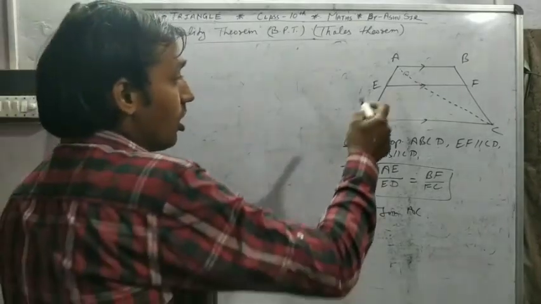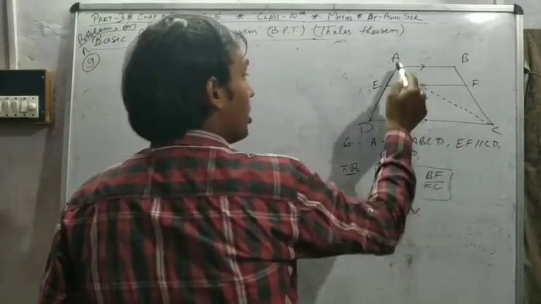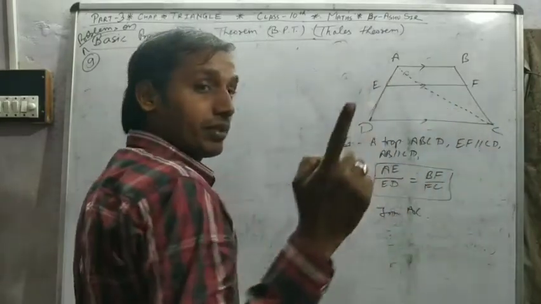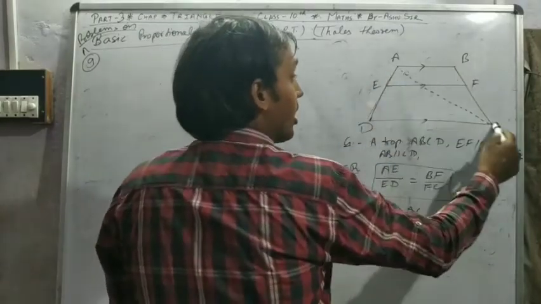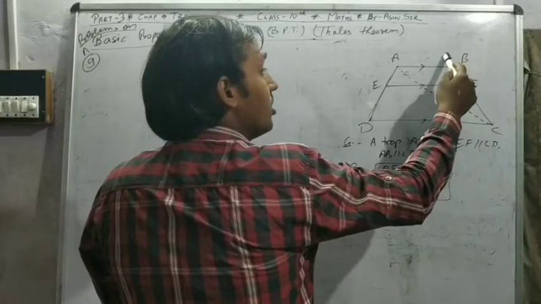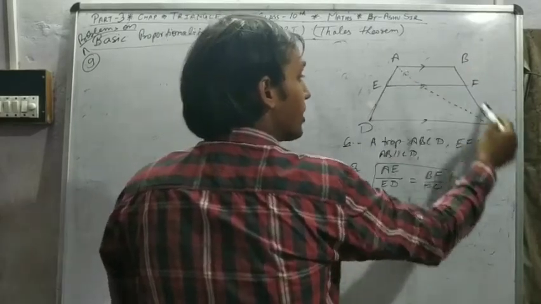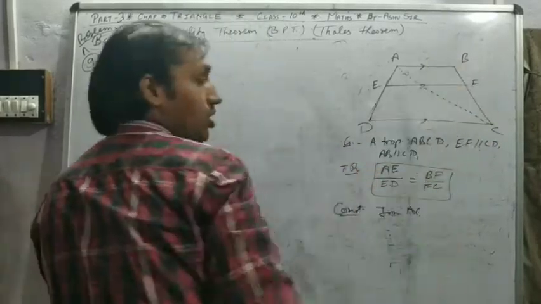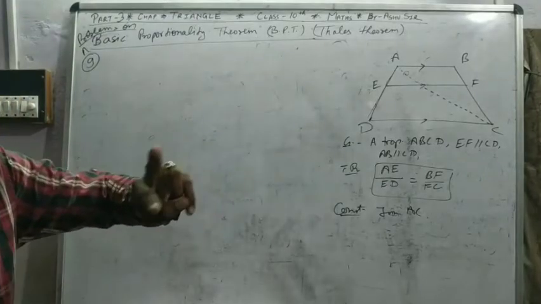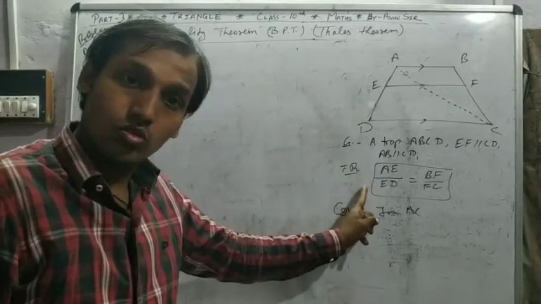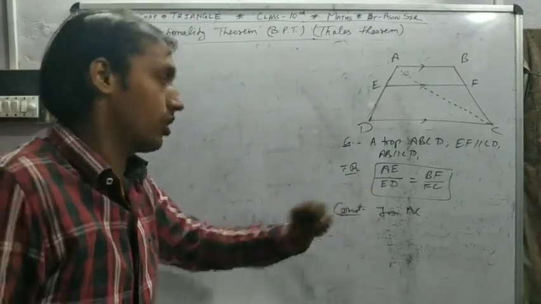What's two? If we take triangle ADC, this parallel to this, one BPT. If we take triangle ABC, so this parallel to this, two BPT. But use according to what we want in the question.